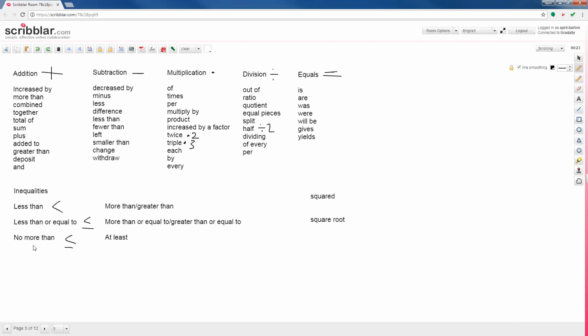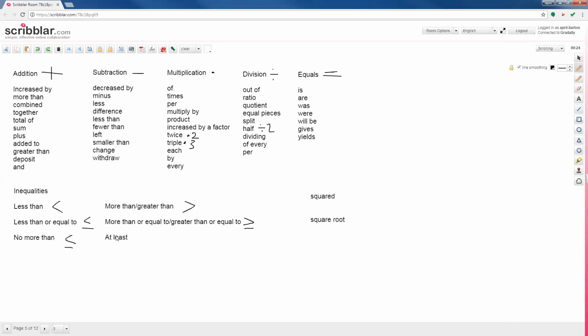If you want to spend no more than $100, you want to spend less than or exactly 100. So then more than or greater than, that's the greater than symbol. More than or equal to, or greater than or equal to, that has the line underneath.